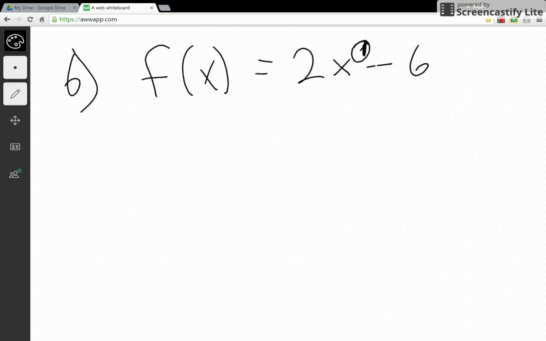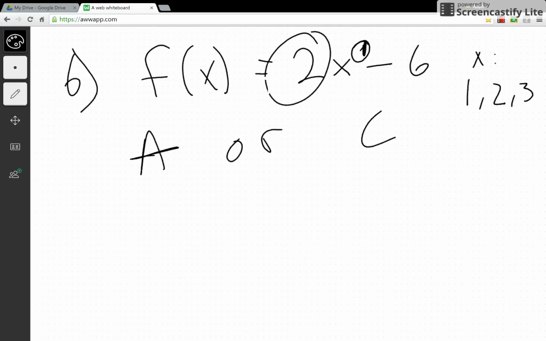I would probably take A or C. Since I don't have where x is equal to 1 or 2 or 3, that would tell me this is discrete, and A is discrete. So this equation isn't really right as discrete, but it does have a positive slope. So this is a positive 2.